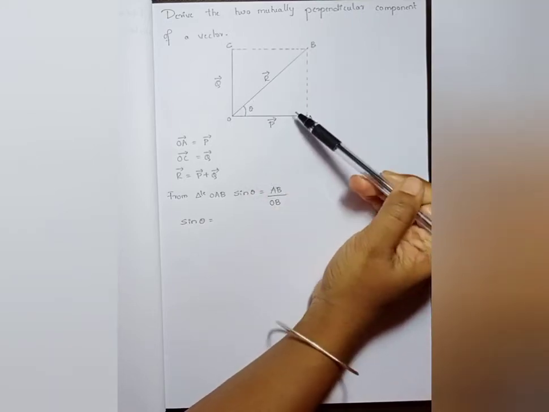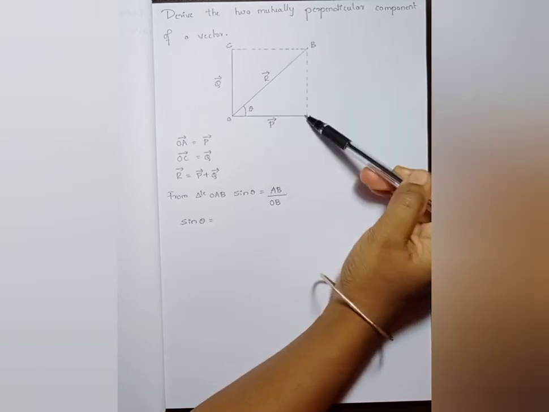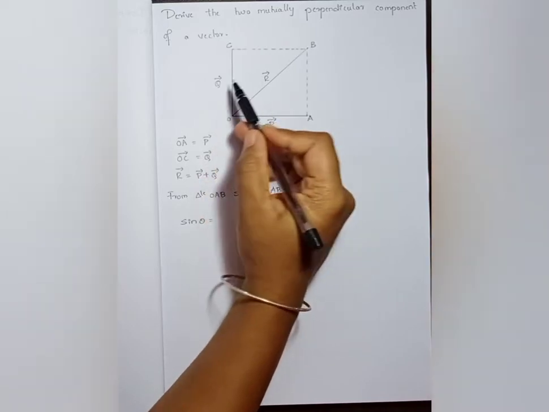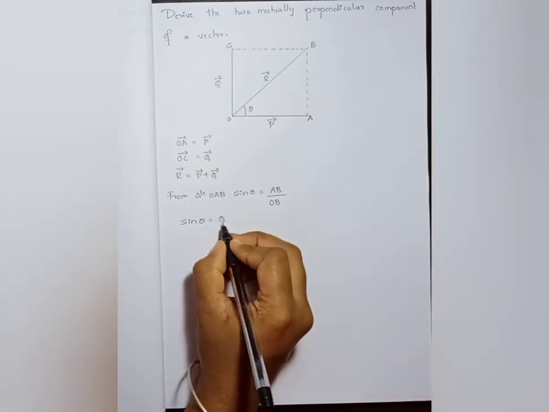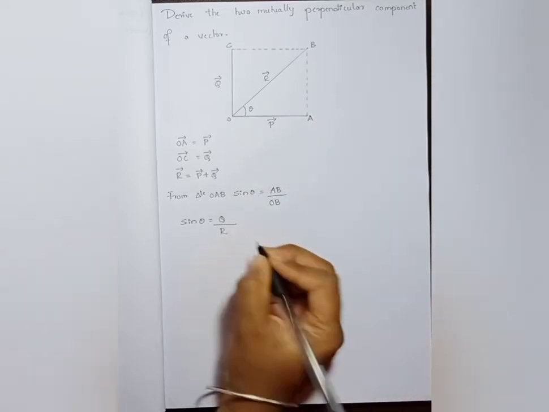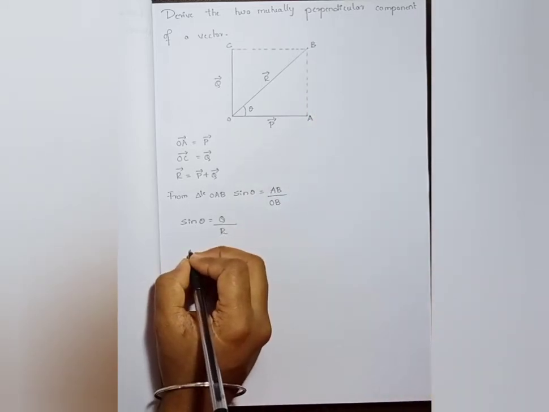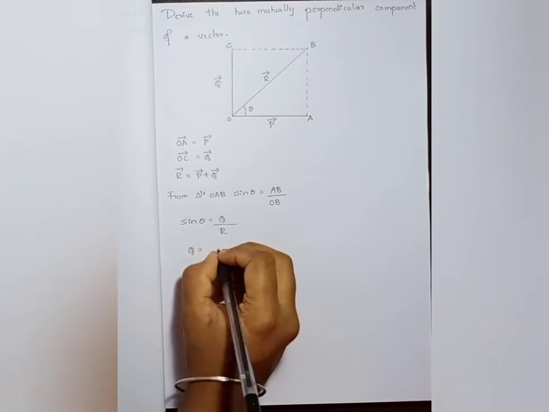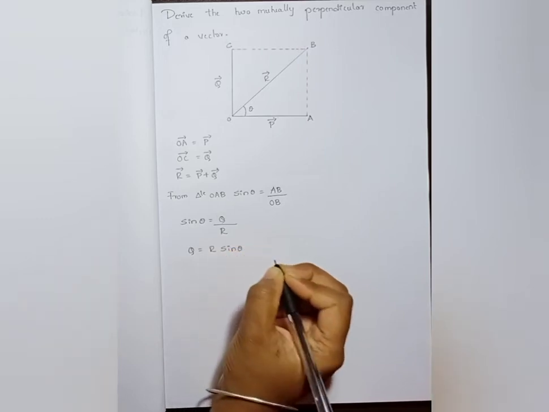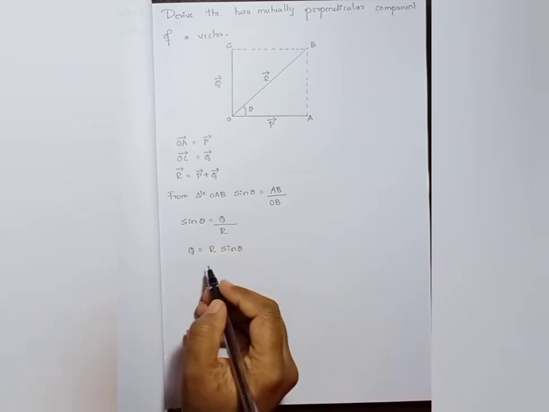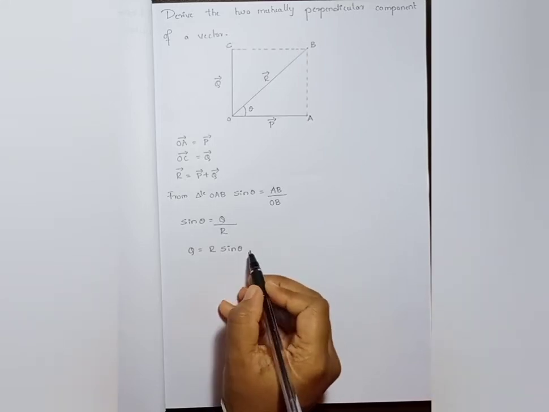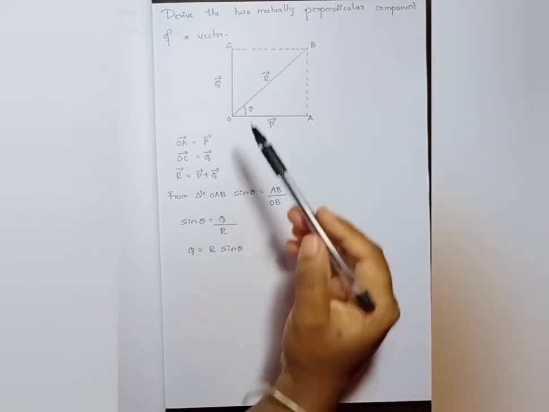Here is AB, and this is Q, because these are equal. So Q by OB, which is R. Or Q is equal to R sine theta. This is the equation for one component.